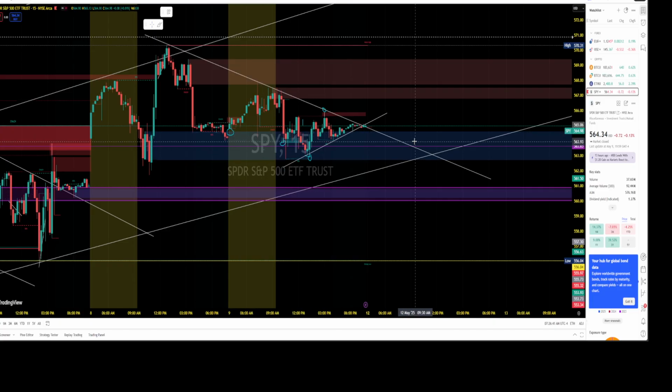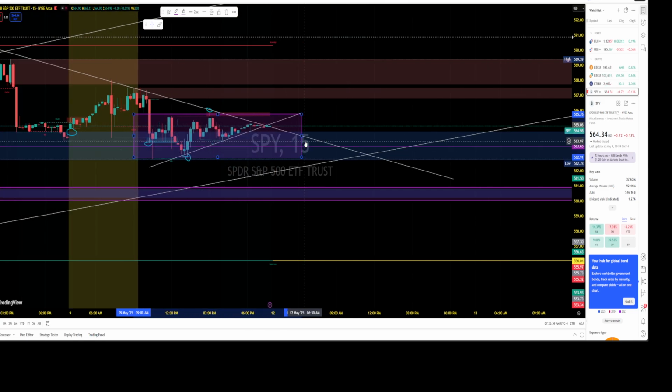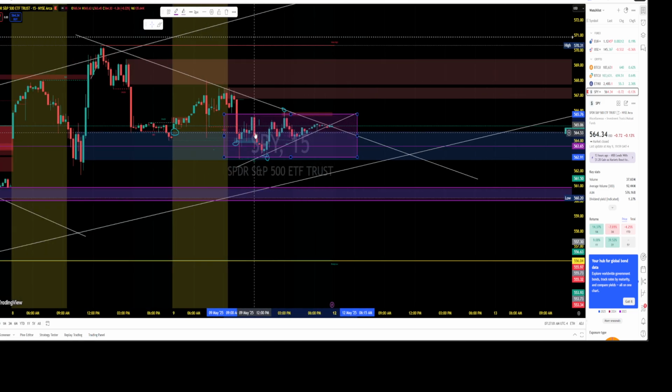You see this blue line area, which I developed for our convenience. It was only trading in this particular zone, so the level was 562 to 565. Only $3, and even those $3 were a completely sideways market.